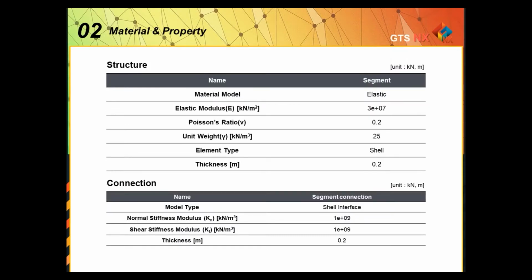For the segment structure part, we'll use the simple elastic material model with the elastic modulus and Poisson ratio, and the shell type of element with a thickness of 20 centimeters. And lastly, we will insert the shell interface between the shell segments. It consists of two different stiffness moduli, in the normal direction and the shear direction.